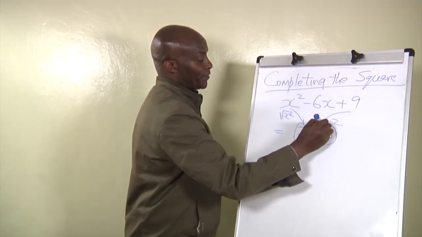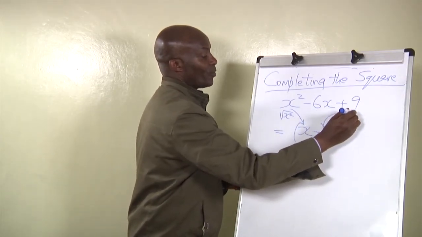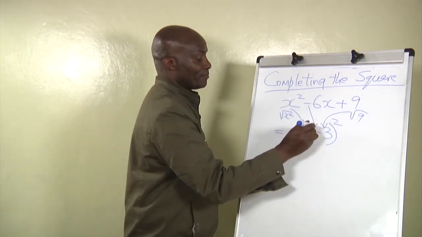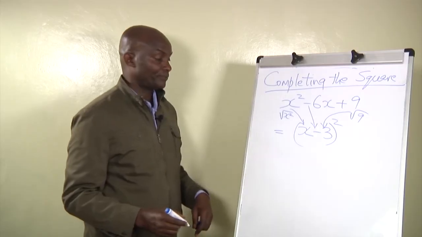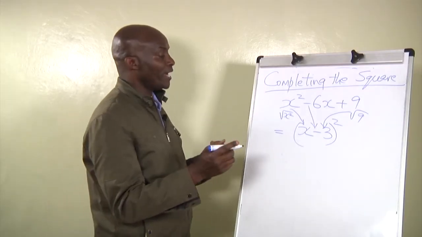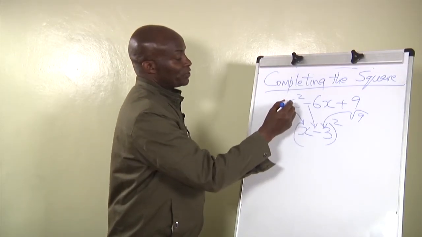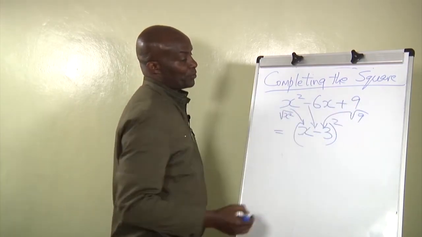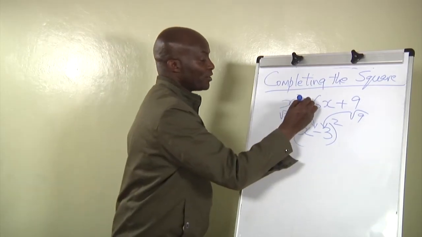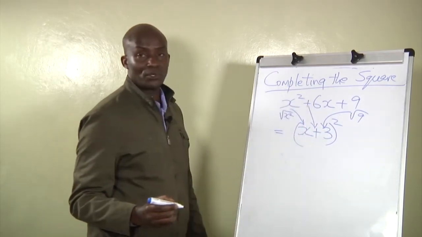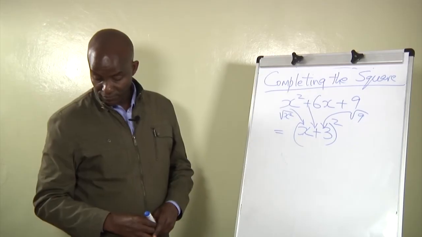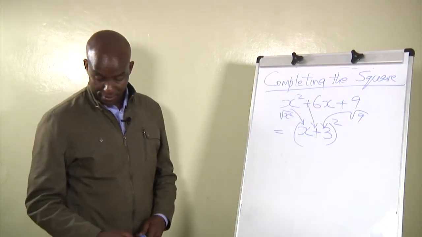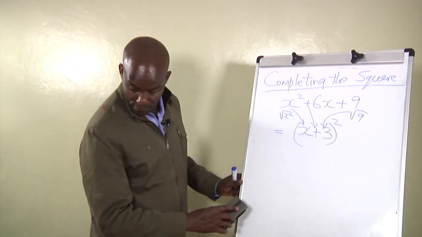This one is always the square root of the third term. The minus sign remains a minus sign. If this sign was positive, then that also will be positive. So that is how to go about getting what it is a square of.